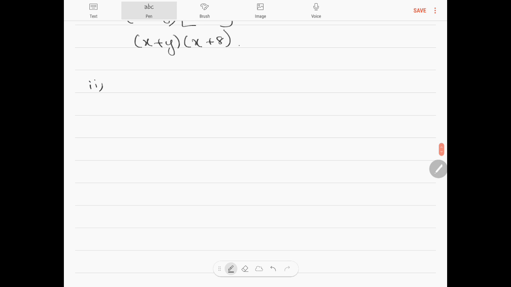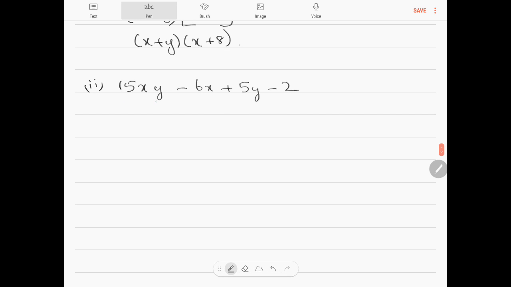Problem number 2, 15xy minus 6x plus 5y minus 2. From these two terms we can take 3 into x outside.